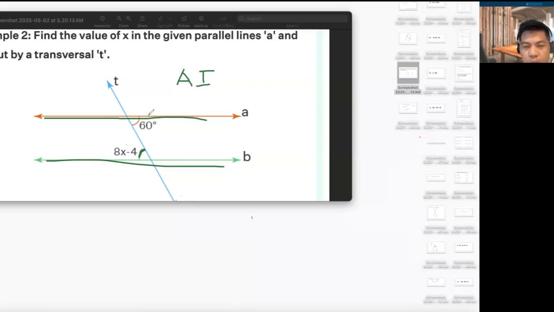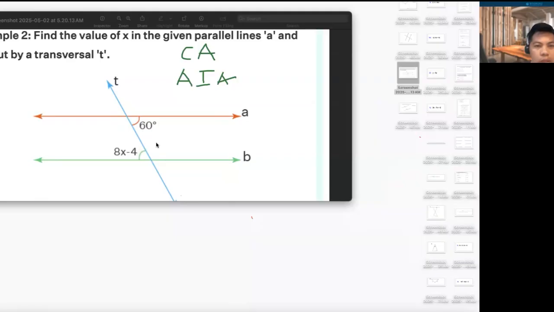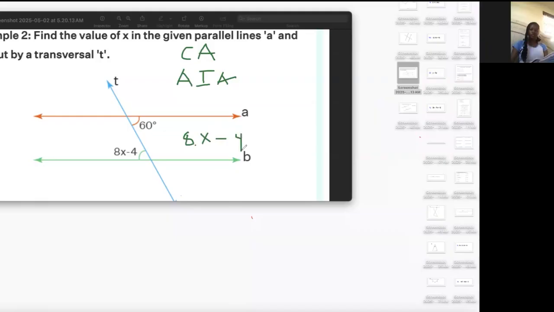So now we know two corresponding angles are equal. Alternate interior angles are equal. Because they are equal, we have to make the equation. So 8x minus 4 is equal to 60.